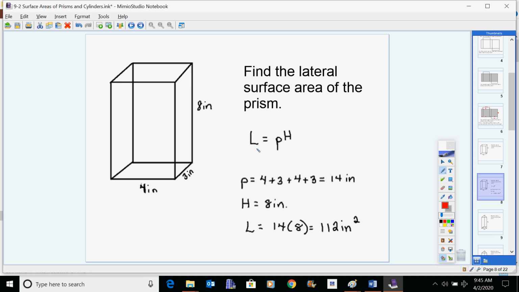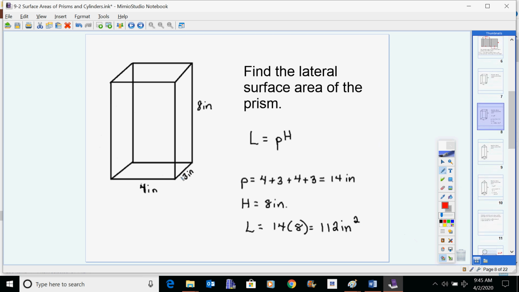The lateral surface area, the area for just all the way around the sides, would be the perimeter times the height. Now it is an area, so it's how many squares it would take to cover over the outside. So 14 times 8, 112 square inches for the lateral surface area around that prism.